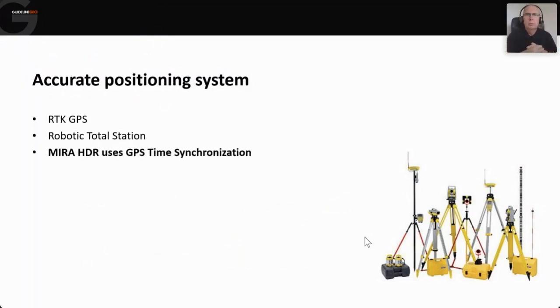So what we've actually done with the system to overcome this is have an inbuilt GPS module inside the GPR antenna itself, and we use this for synchronization. We get a time signal from that internal GPS into the GPR data, in effect time stamping, and that enables us to synchronize the information coming in from the total station or GPS. And this is critical for that accurate data collection at speed.